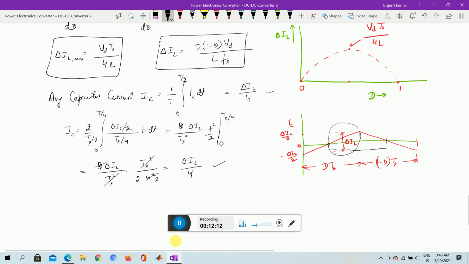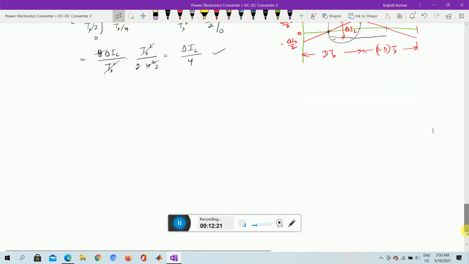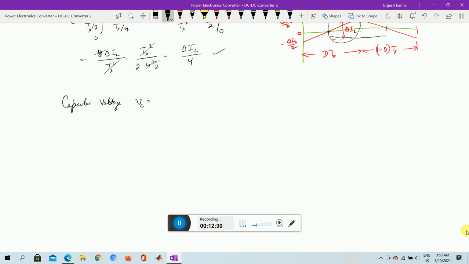Once we get the value of the average capacitor current, we can get the value of capacitor voltage. So we can write Vc equals 1 by C integration of I dt plus Vc at t equals 0. So here del Vc is obviously Vc minus the initial term, which is nothing but 1 by C integration of IC dt.